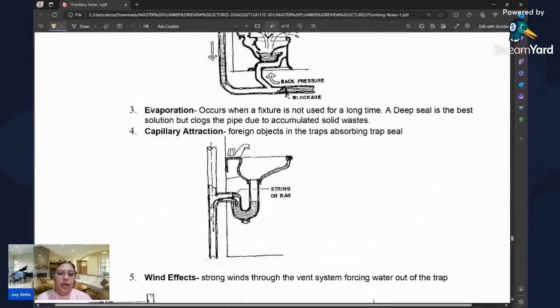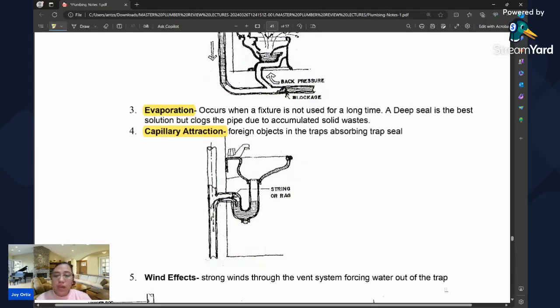Okay, so evaporation, it occurs when the fixture is not used for a long time. So for so long, hindi siya nagagamit, and a deep seal is the best solution but clogs the pipe due to accumulated solid waste. Now, we have also the capillary attraction, the foreign objects in the traps absorbing trap seals.